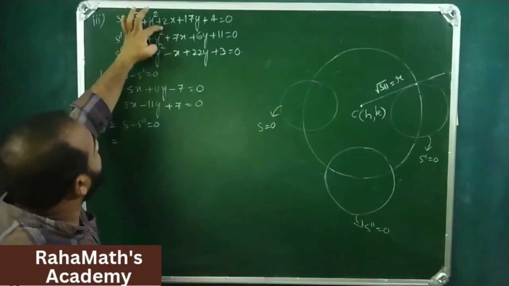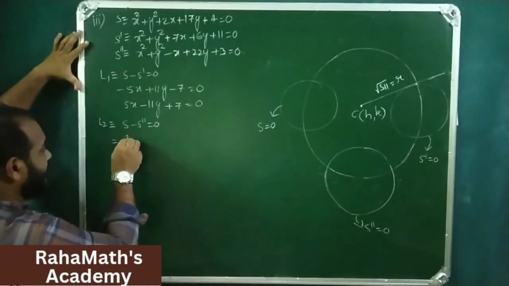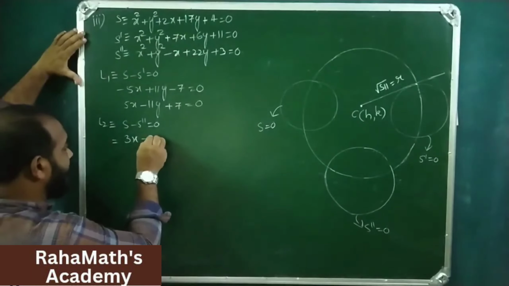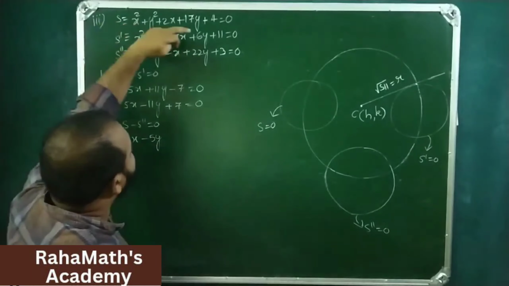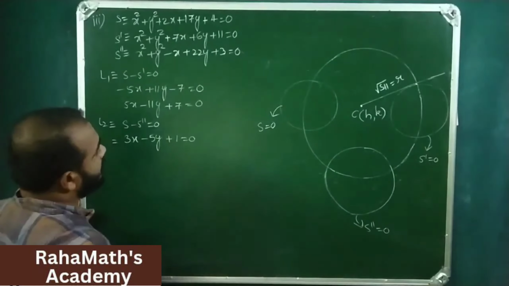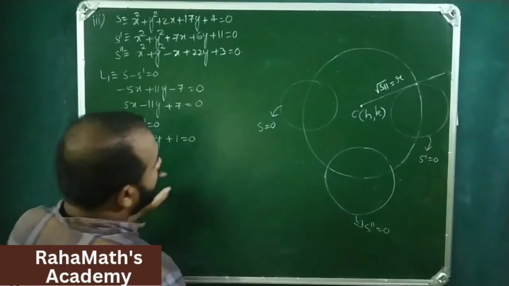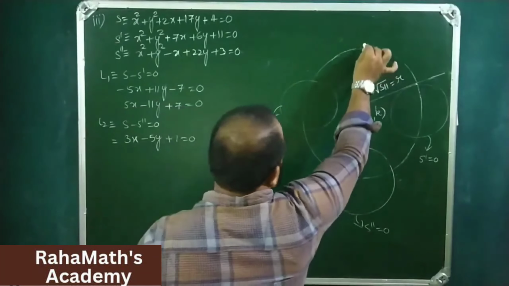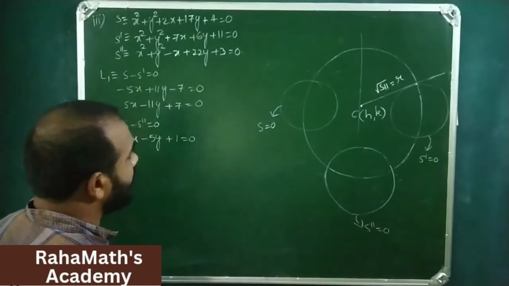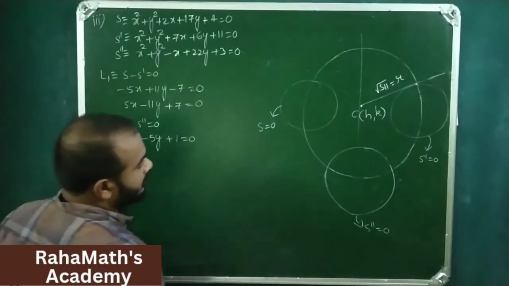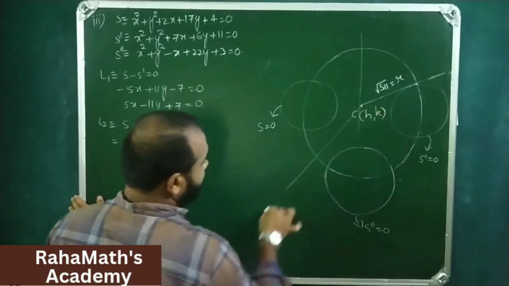So 2x minus of minus 3x. 17 minus 22 is minus 5y. 4 minus 3 is plus 1 equals 0. That means for these two circles S and S dash, this is the radical axis, and for S and S double dash, this is the radical axis.